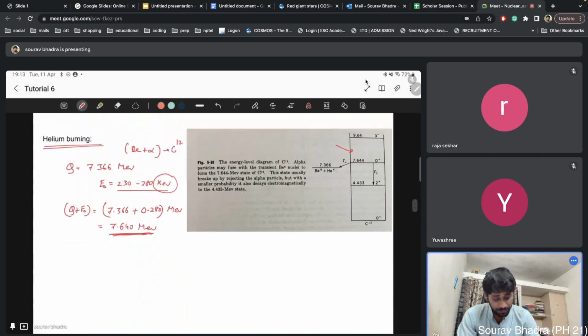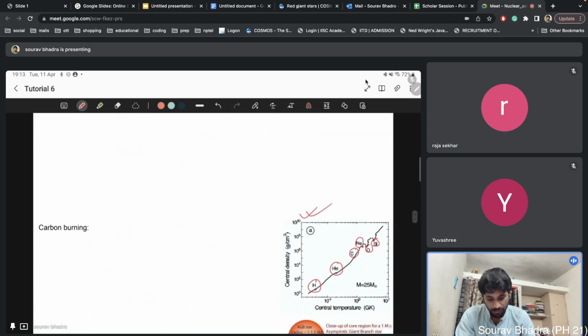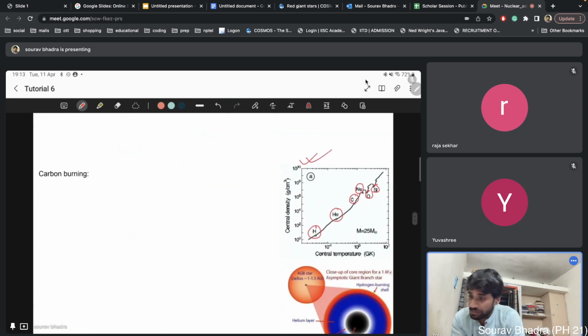And the main reason for the creation of this carbon 12 due to helium burning is the 7.644 MeV energy state, which is present in the excited nucleus of the carbon 12. Now coming to the carbon.